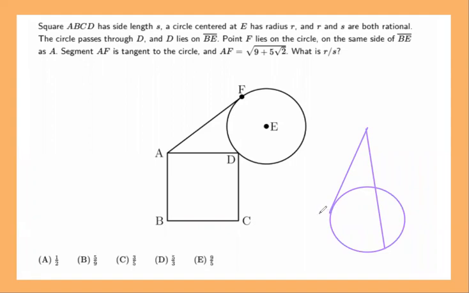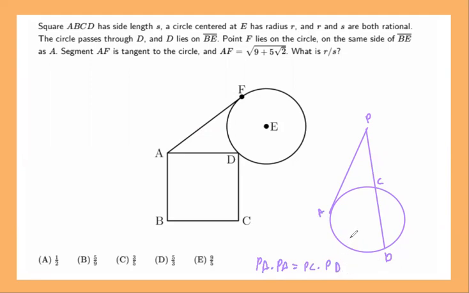I'm going to call this A, this is P, C, and D. The square of PA, the distance between that point outside of the circle and the tangent point, times PA again, or PA squared, equals the distance from P to the first intersection, PC, times the distance from P to the other intersection, PD.